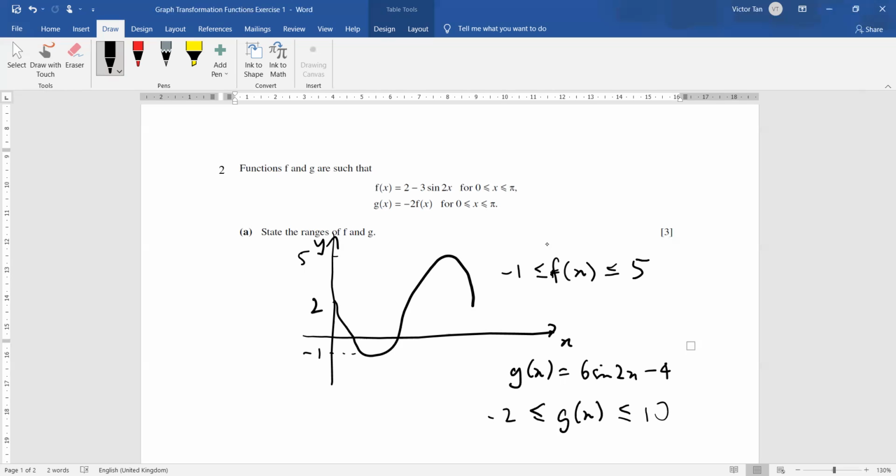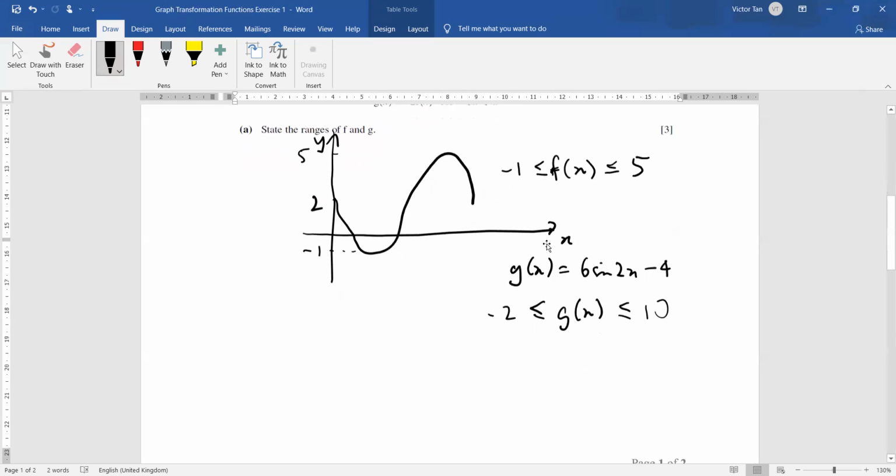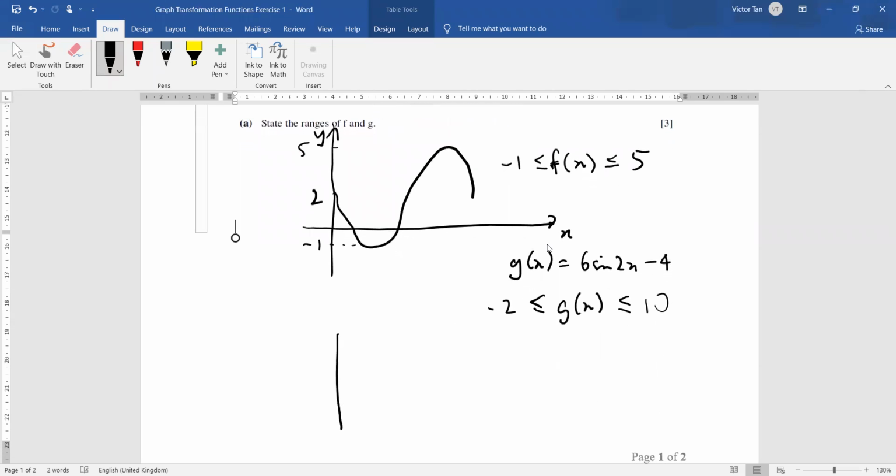If you want to draw the graph, you can draw it as well. Oops, I forgot to sketch the graph first. So this is the graph, which goes down. Oops, I think my values are wrong. Luckily, I checked.